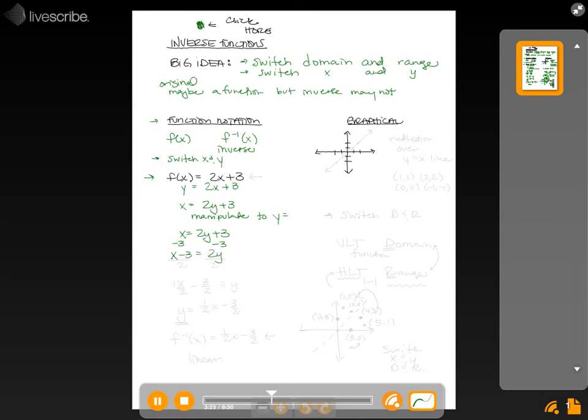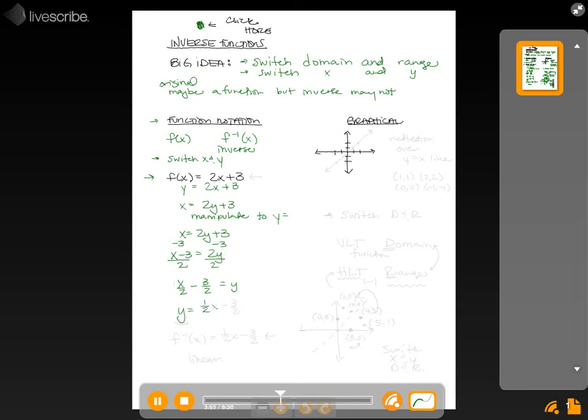Now y still isn't by itself, so we're going to divide everything by 2. That gives us x over 2 minus 3 over 2, because we would split that up. The denominator goes with both parts of the numerator, equals y. Now we're going to switch it so the y is on the left. We're just going to swap the sides. So y equals, and I'm going to rewrite this even further.